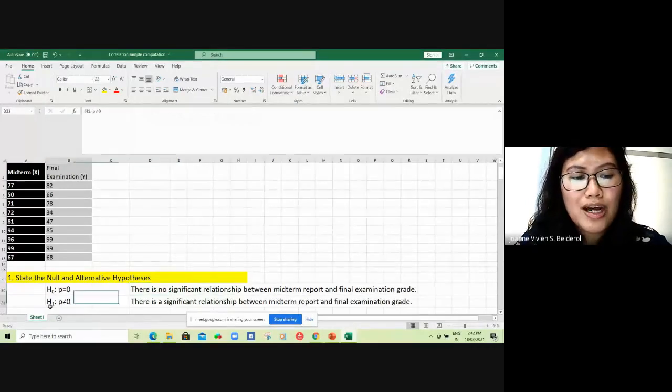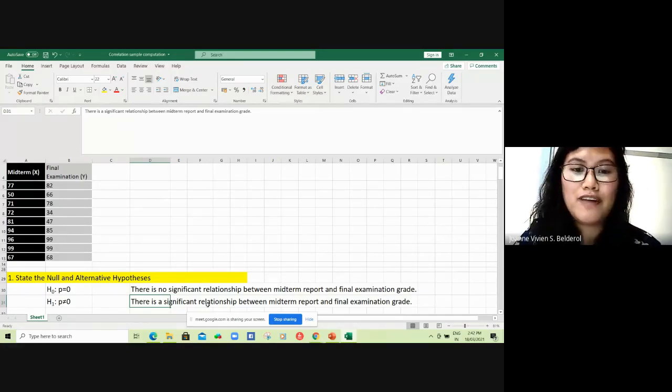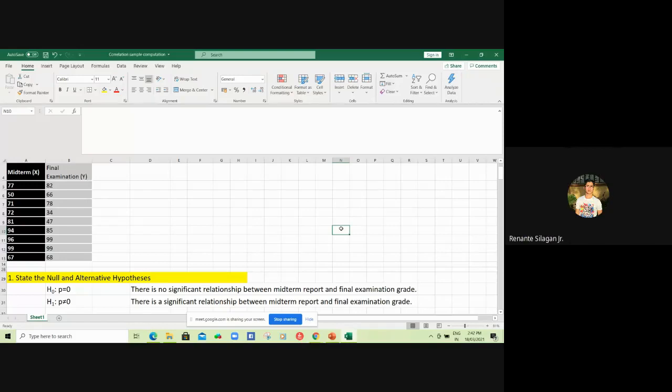For your H1, there is a significant relationship between midterm report and final examination grade. Follow? So, H0 is always no significant relationship. H1 is always there is a significant relationship. Is that clear? Yes, ma'am.